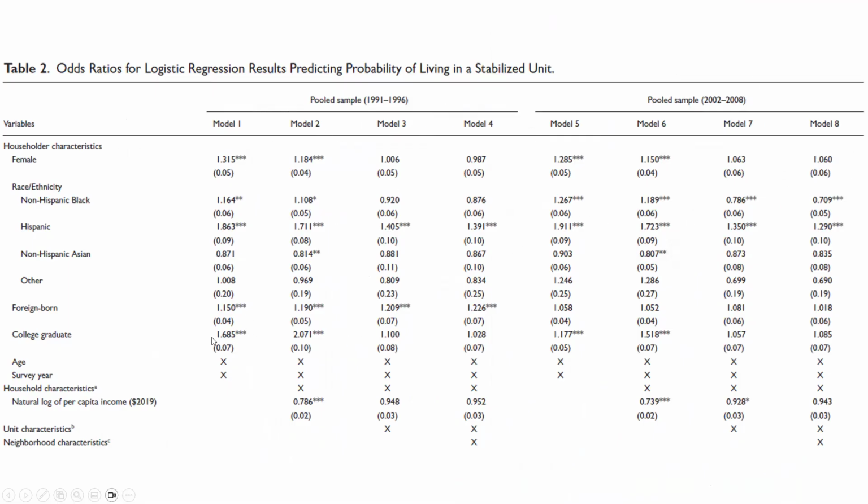Also, college graduate, foreign born more likely as well. And if it's below one, it's less likely. So basically, the more money you make, the less likely you are to live in a rent stabilized unit. And this was true in the 90s, and it's true in the 2000s.